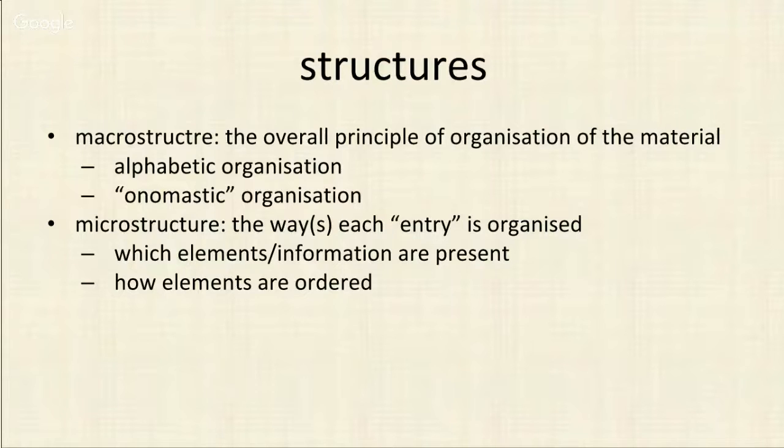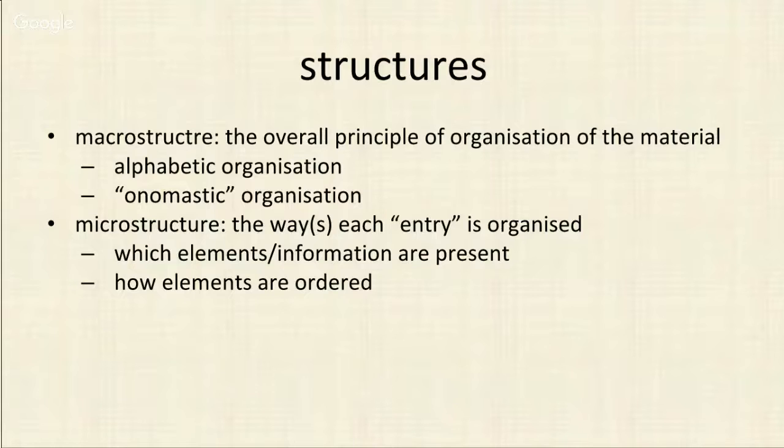organization on the basis of semantic or word fields. It is a logical organization, or to say it like that, an ontological organization of the lexical material. Now, on the level of the micro structure, we are dealing with the ways in which each entry is organized.